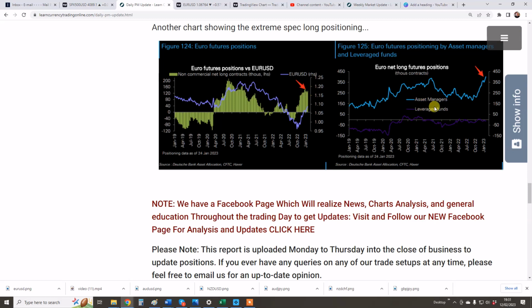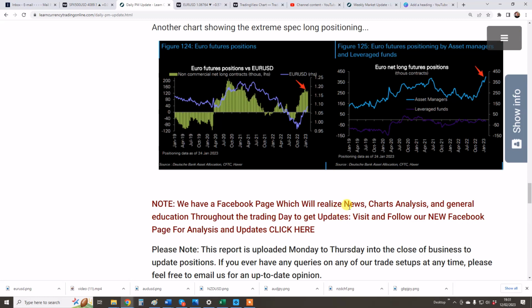Now, in terms of this chart, it isolates out what are called asset managers. Major group of fund managers, their size is really big. It's the biggest since 2019. Okay, now these charts are from a couple of weeks ago, but basically, speculative positioning has not changed that much since.